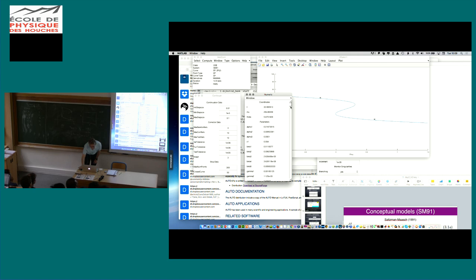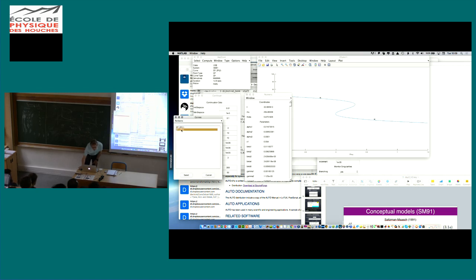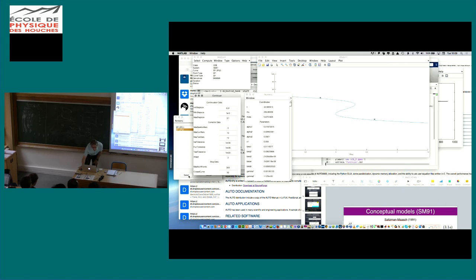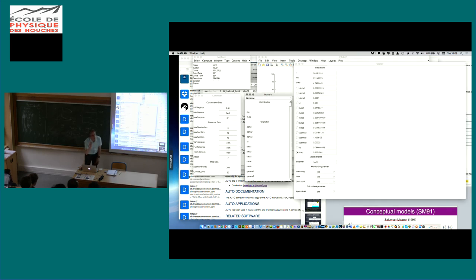I always get confused. But it is an option. You can choose from here. You can select a curve, and then you can select a point on the curve at a Hopf bifurcation, and from there do a periodic solution continuation. Well, I would say do it because I want to show you more, and this is the basics.